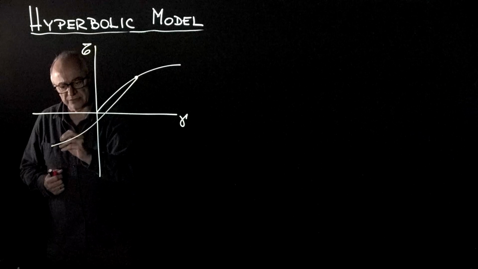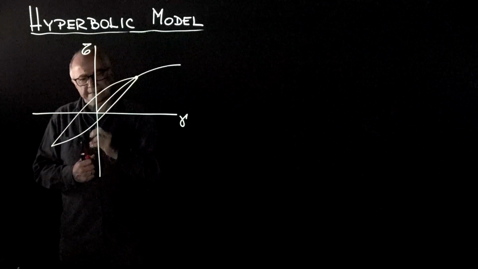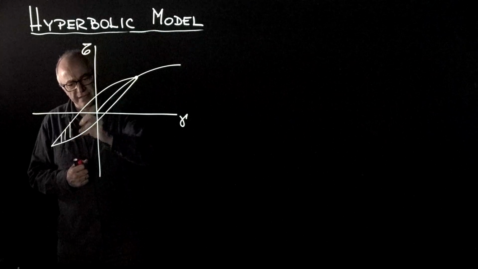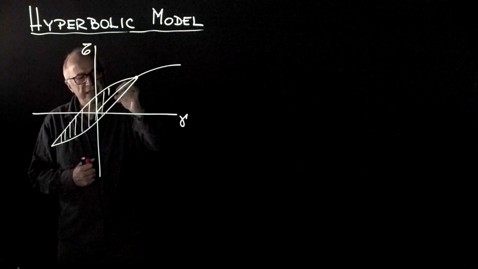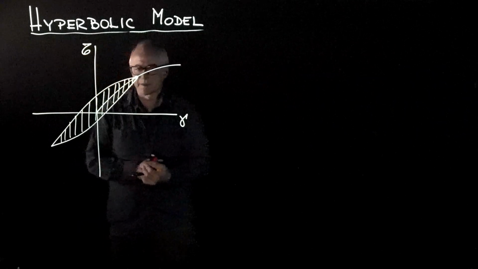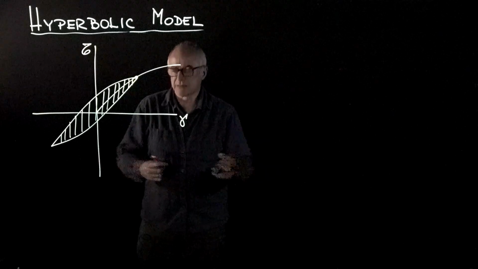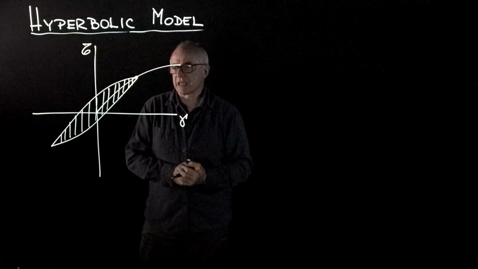And then we reload it again, and it will go like that. And this area here is an indication of how much energy is consumed in the deformation. Therefore, this is attenuation, damping in the soil behavior.